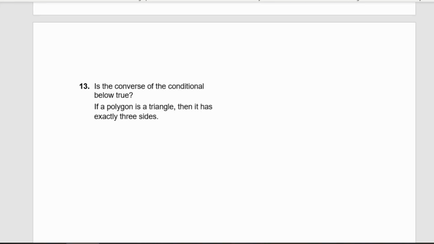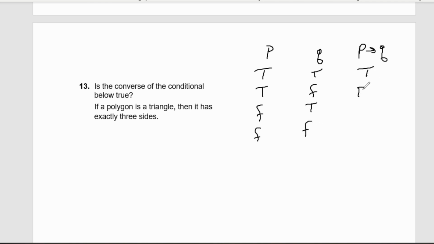Number 13 wants to know if the converse of the conditional is true. So the first thing I'm going to do here is, just for our sake, draw a truth table out, which will also be available to you during the test. And I know that if we have P, true, true, false, false, then here I get true, false, false.